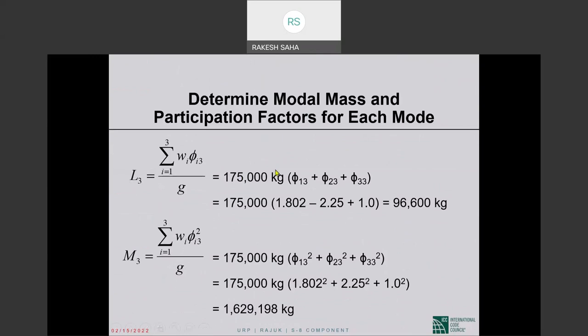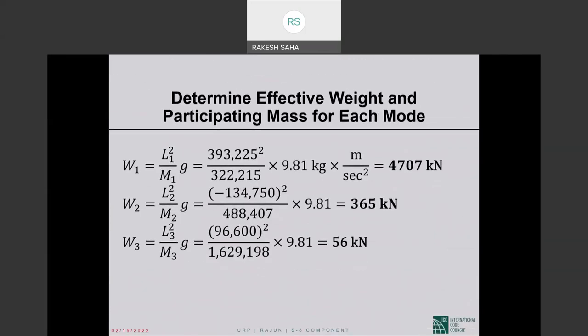For the third mode, this is the third mode shape, the third mode shape squared. This number comes to 96,600, and that number to, what is it? Whatever. Big number. Okay. Now, based on the L's and the M's, we calculate the effective weight in the various modes.